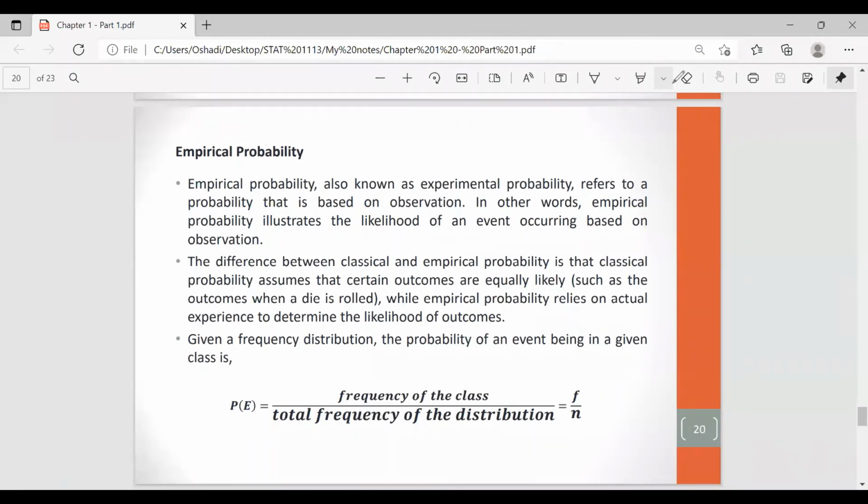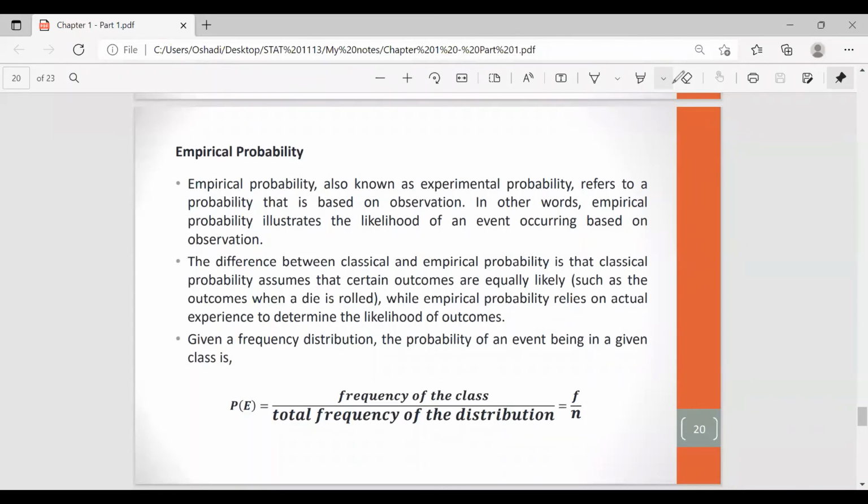We are considering that all the outcomes have an equal chance to be selected. But in empirical probability, we do the experiment. It illustrates the likelihood of an event occurring based on observations.